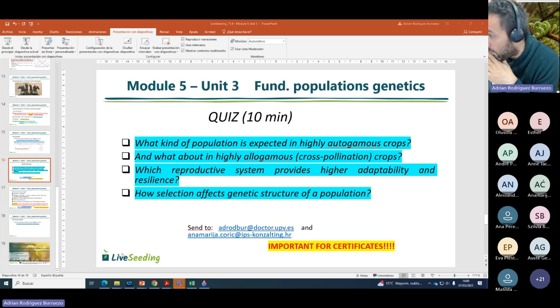So allogamous crops or species are expected to be more diverse. A plethora, a mixture of individuals with genes in homozygosis and genes in heterozygosis.